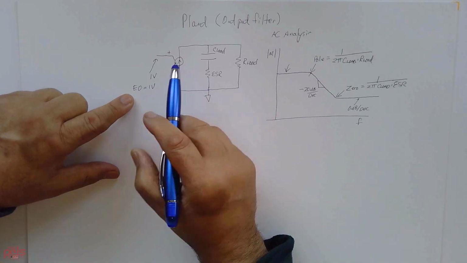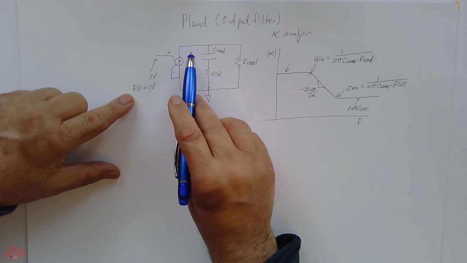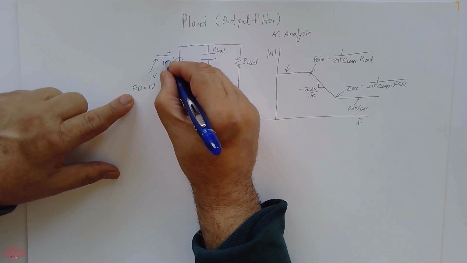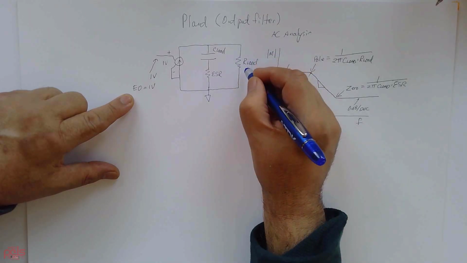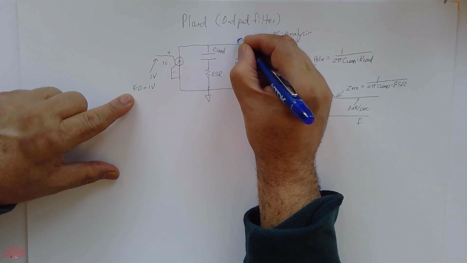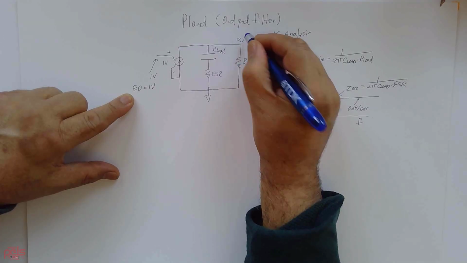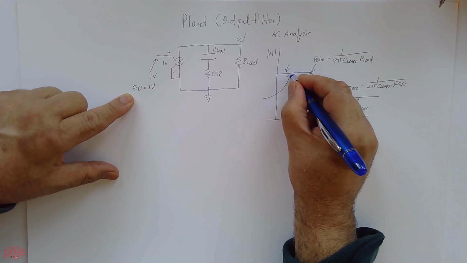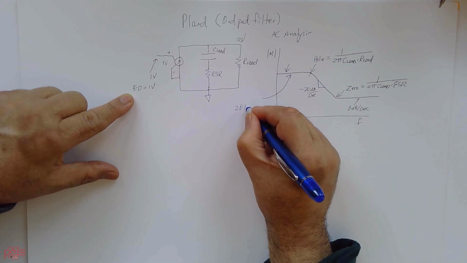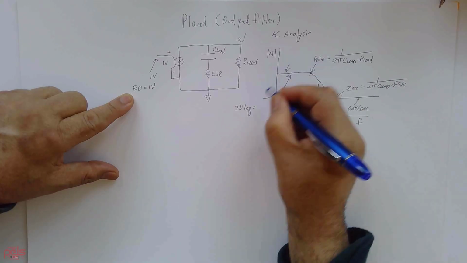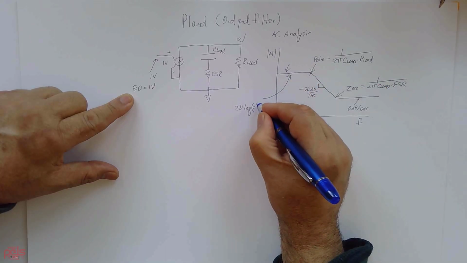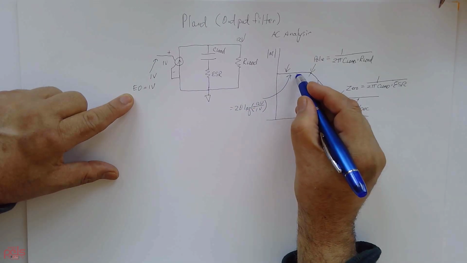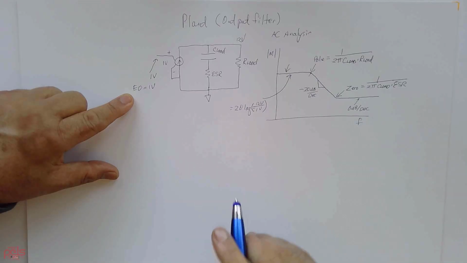Now, why is that important? Well, now I can calculate this gain. Since this is 1 volt, and remember, we have 12 volts right there, the gain is 20 log of 12 volts divided by 1 volt. Make sense?